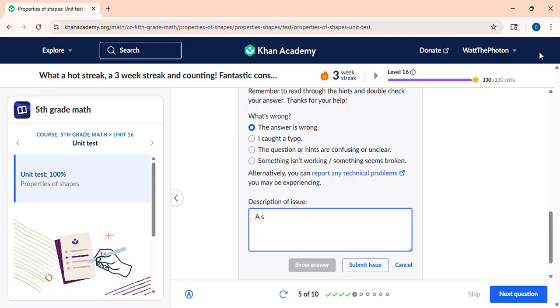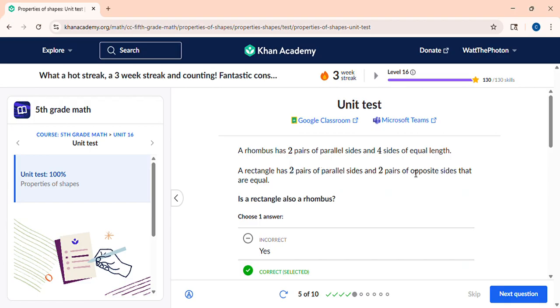A square should fit, should be a rhombus, right?